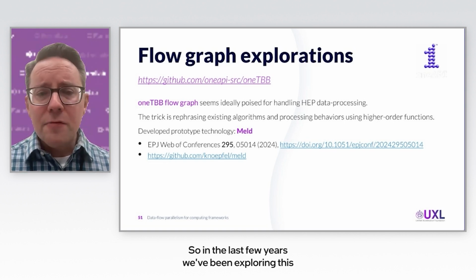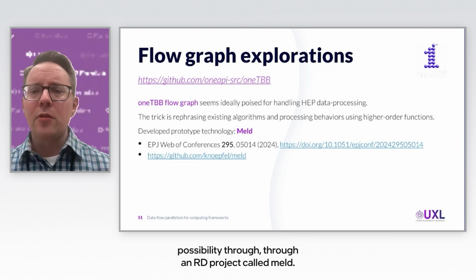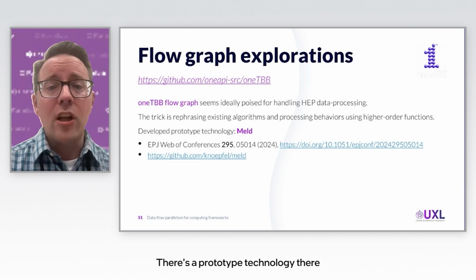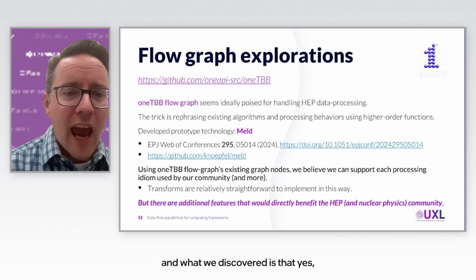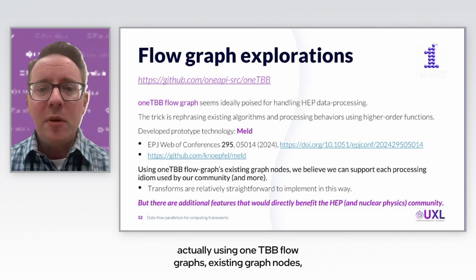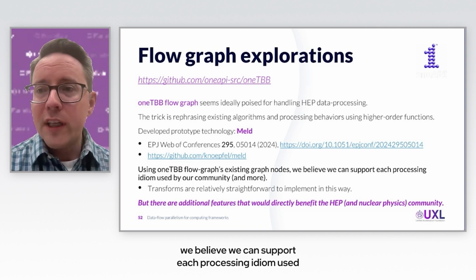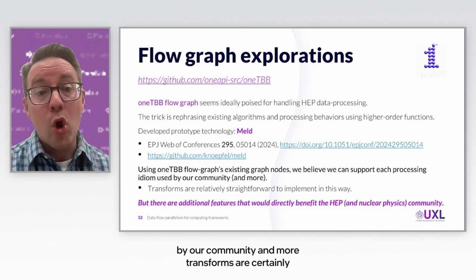In the last few years, we've been exploring this possibility through an R&D project called MELD. There's a prototype technology there. And what we discovered is that, yes, using oneTBB flow graph's existing graph nodes, we believe we can support each processing idiom used by our community and more.